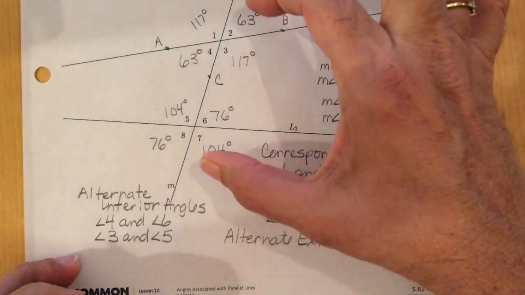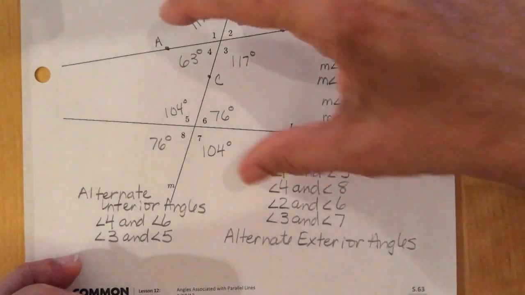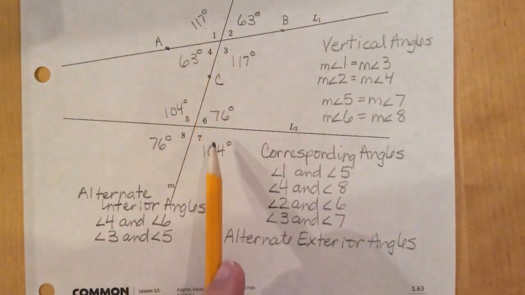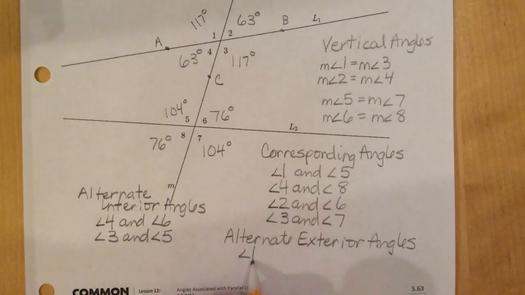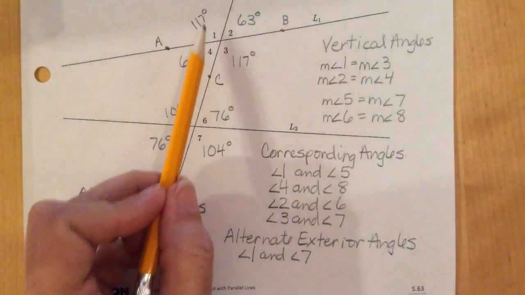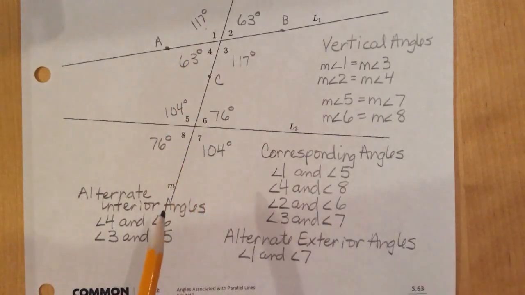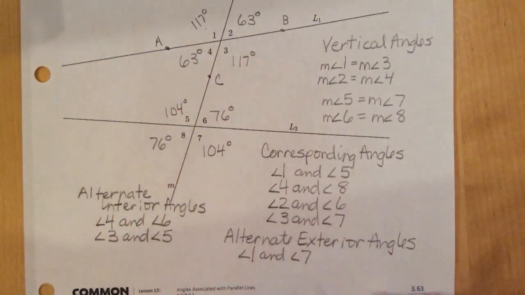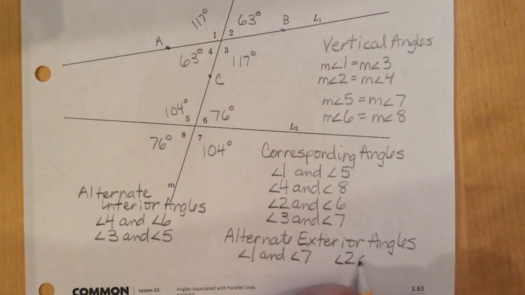So they'll be on the outside here, and they're alternate because they're on either side of the transversal. So we've got angle 1 and angle 7 would be alternate exterior angles. And can you find the other pair? It would be angle 2 and angle 8.